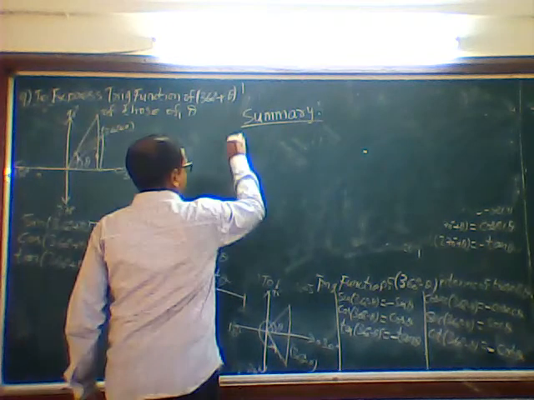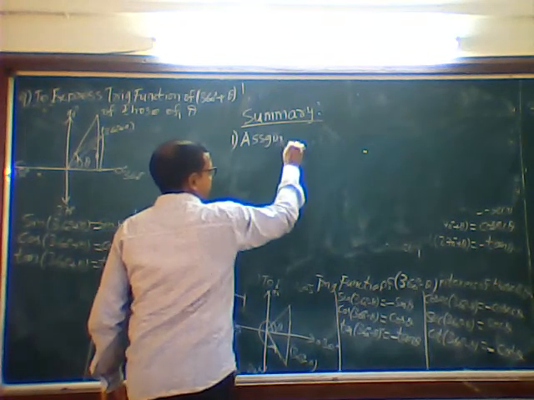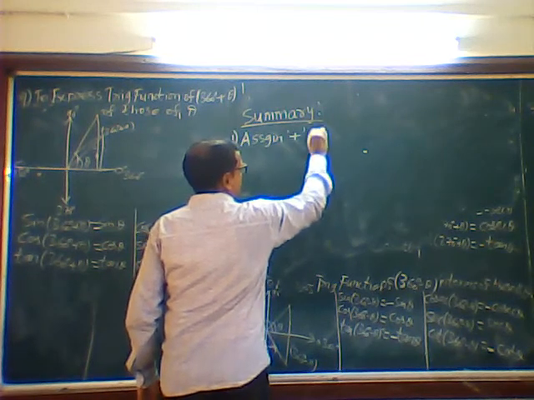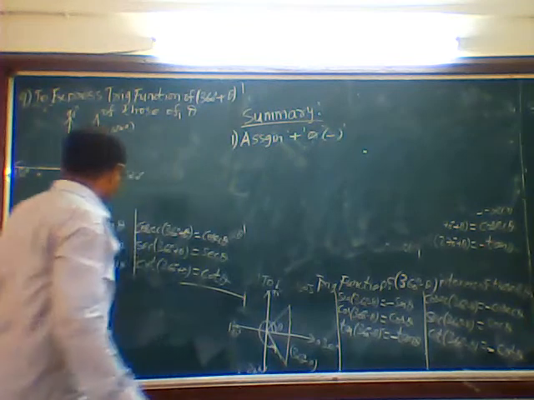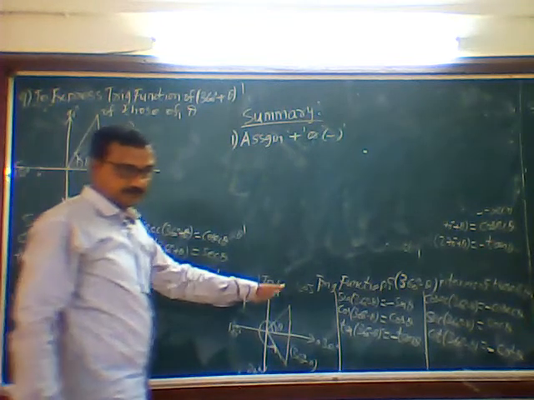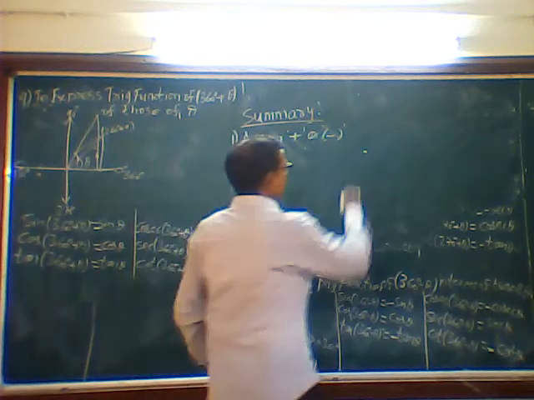First point: assign plus or minus. That is, we assign the plus or minus signs to the various ratios according to the ASTC rule.